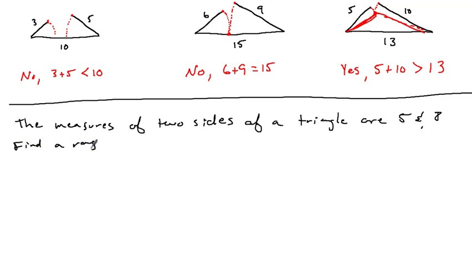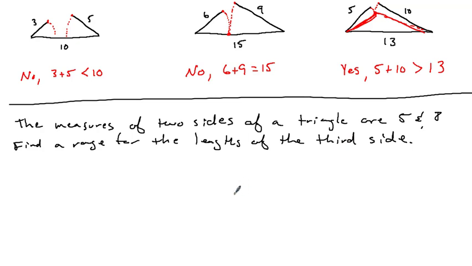Find a range for the lengths of the third side. Okay? So we're going to do this two ways. First, we're going to do it visually, and then we're going to do it, we'll say mathy. Okay? The visual way takes up more space.